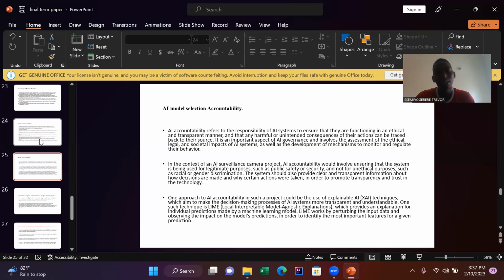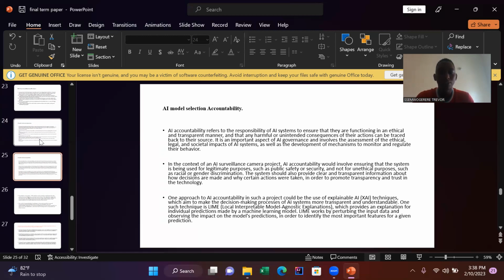Then AI selection, accountability. What is the accountability of this surveillance camera? What is the responsibility of the AI system to ensure that it is fully functioning according to what it is accountable for?